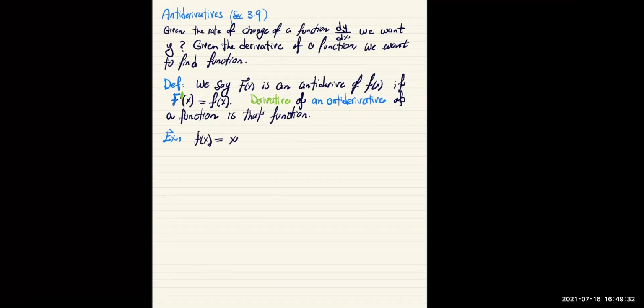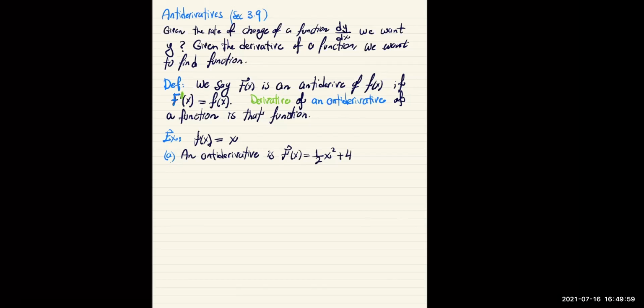Let's do part A, and I'll show you how to find an antiderivative. An antiderivative, call it capital F, is equal to half x squared plus 4.